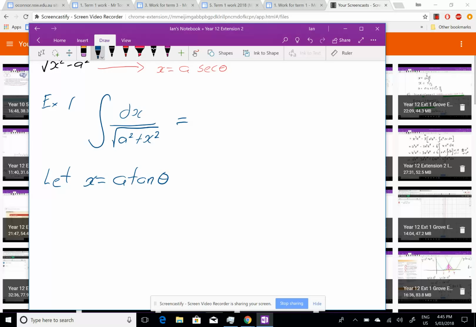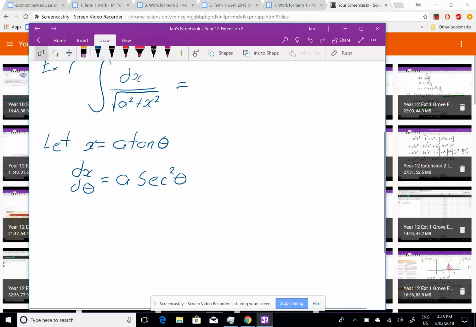Now, the first thing you do is differentiate. dx on d theta equals a sec squared theta. So dx equals a sec squared theta d theta.